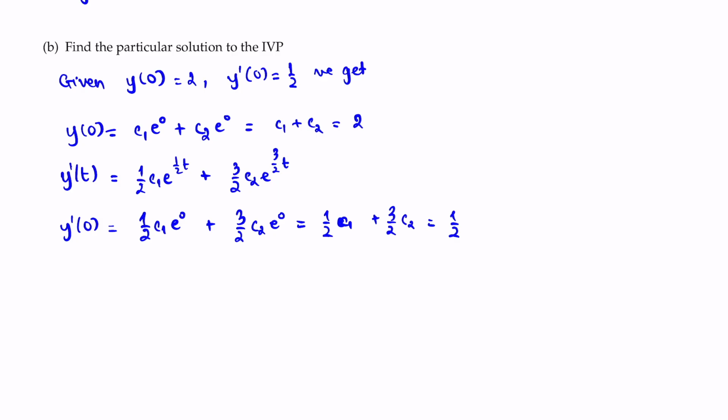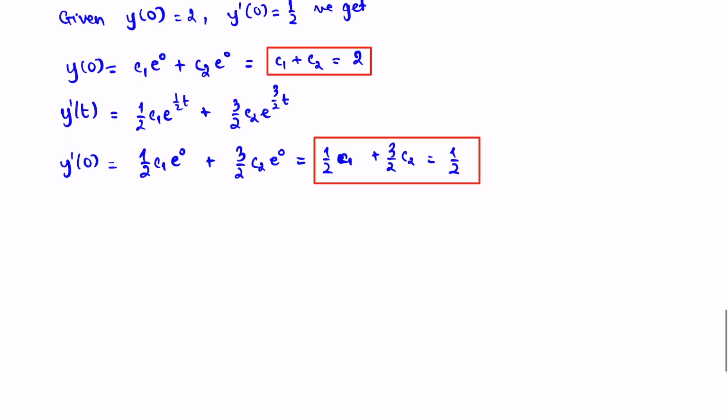Okay, so you have two equations here. The first equation, c1 plus c2 equal to 2. The second equation is 1/2 c1 plus 3/2 c2 equal to 1/2. So you get a system of linear equations with two equations and two unknowns.